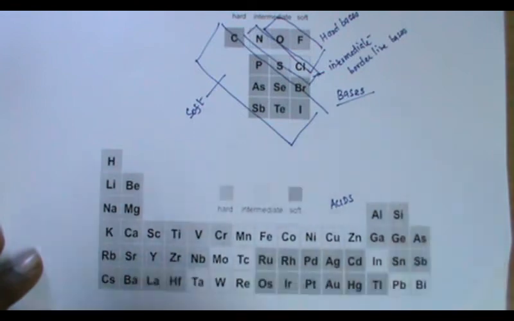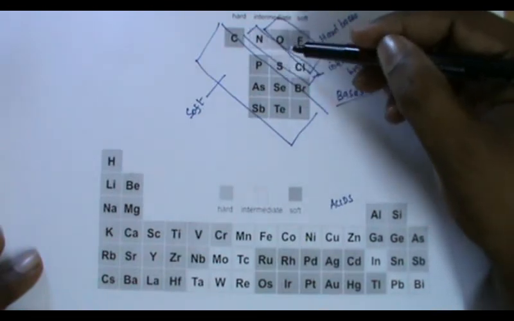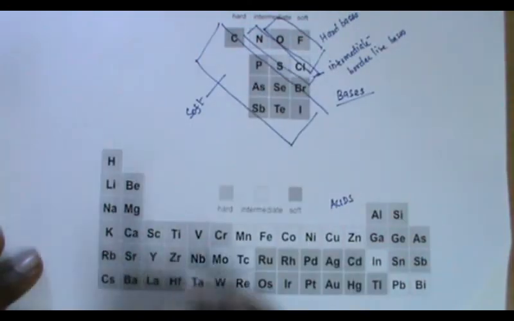Now it will be somewhat easy for you to remember. If you try to memorize what are the hard bases and hard acids, it will be difficult. Instead of that, if you go for this periodic table, it will be somewhat easy. Now let's go to the acids. Almost all the metals come under that. All these are metals, but these are non-metals or metalloids. Here all the metals act as acids.